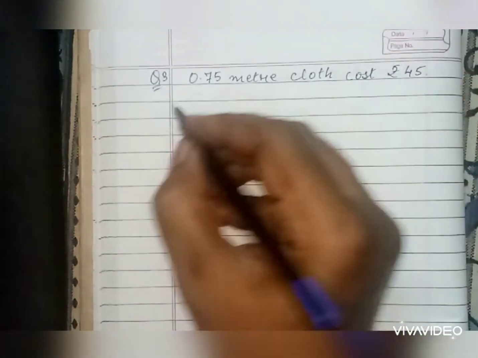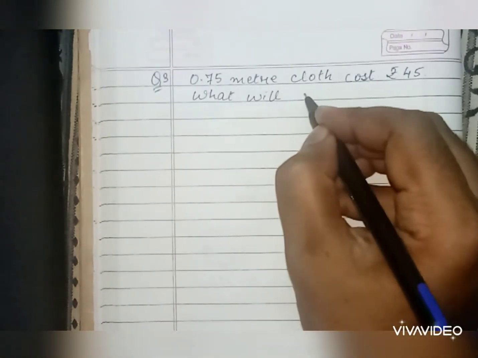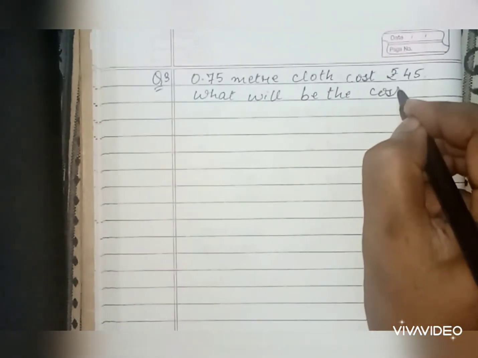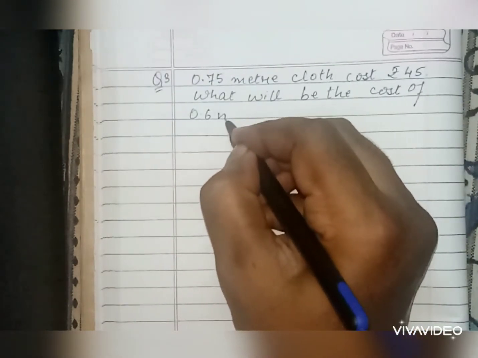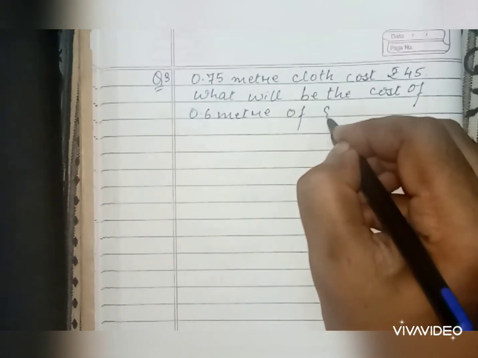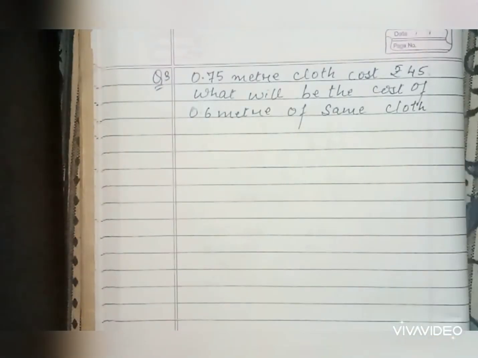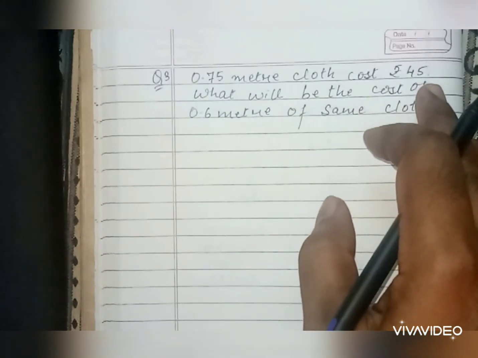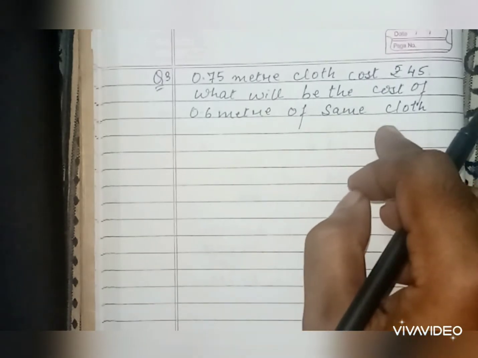Okay, so what will be the cost of 0.6 meter of the same cloth? Okay, the question is 0.75 meter cloth costs rupees 45. So what will be the cost of 0.6 meter of the same cloth?